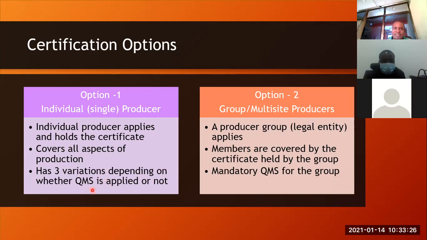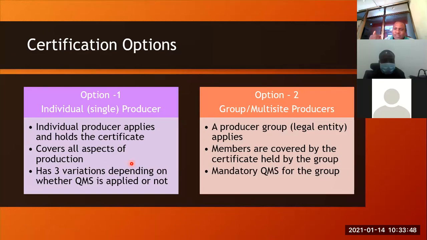When that happens, and the production sites are under the same entity which is seeking GlobalGAP certification, LATC can decide to use QMS because all the production sites are under LATC. They are not independent entities.